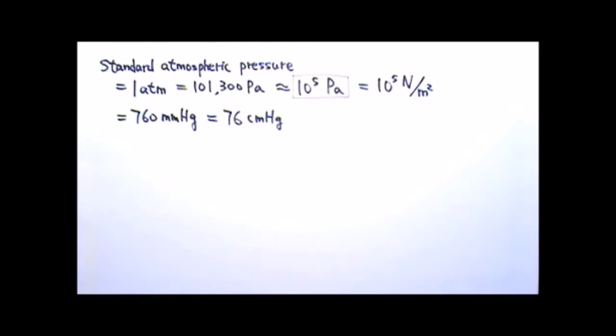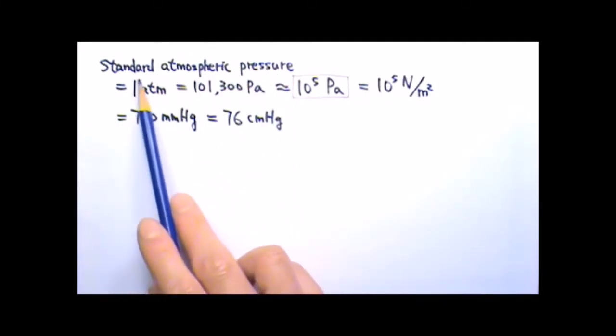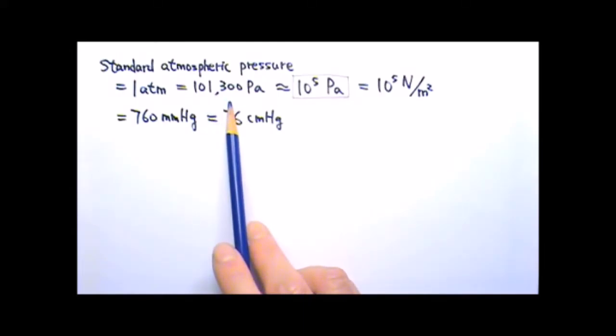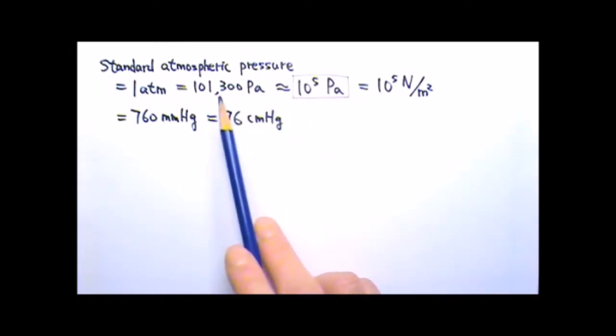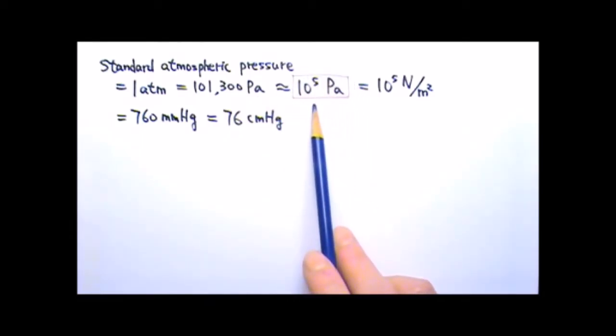You may have learned in your chemistry class that the standard atmospheric pressure is 1 atmosphere, which is about 101,300 pascals or 101.3 kilopascals. In AP Physics B, we round this number to 10 to the 5th pascals, and it can be convenient for you to memorize it.